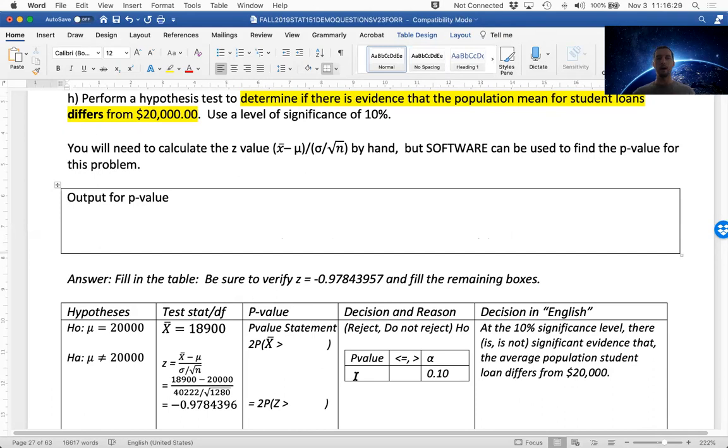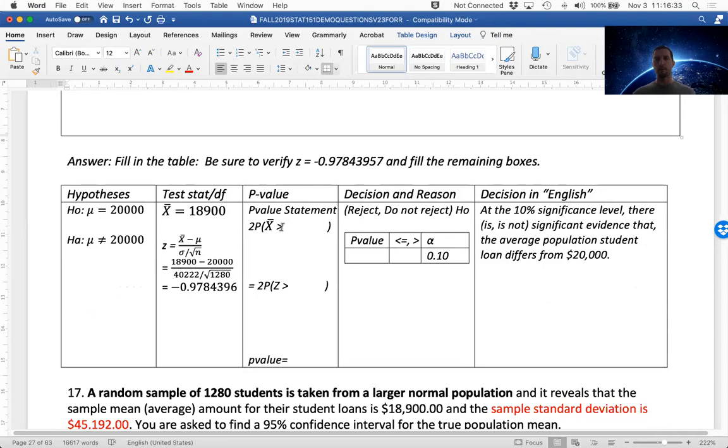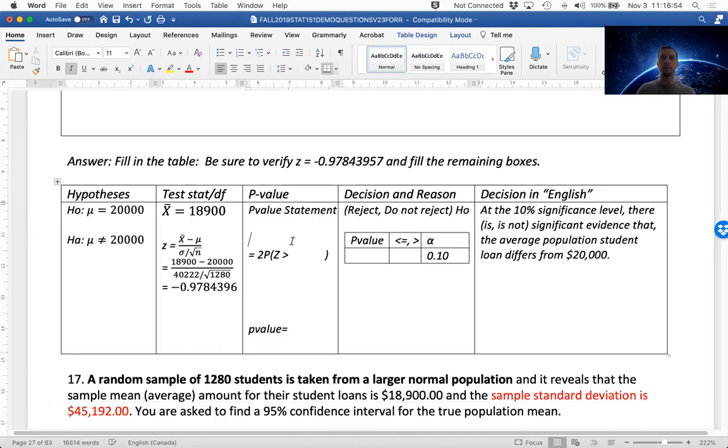Okay, now the p-value for this test is going to be 2 times the probability that x bar is greater than 18900. Actually, you know what? I don't like the way that this is structured. I'm going to do this slightly differently. Okay, so if we take our p-value approach, we're going to have the following setup.